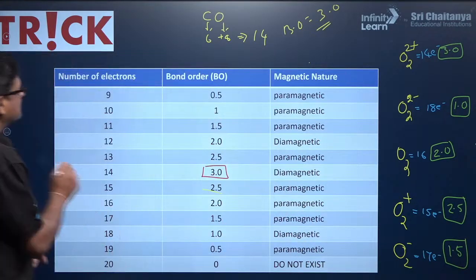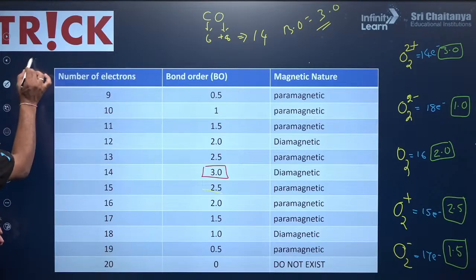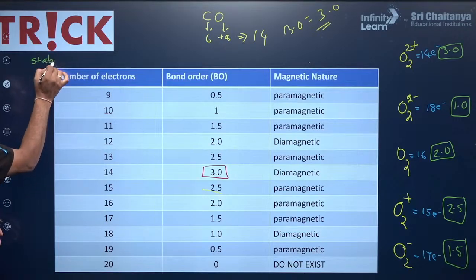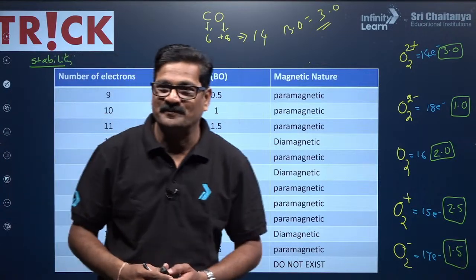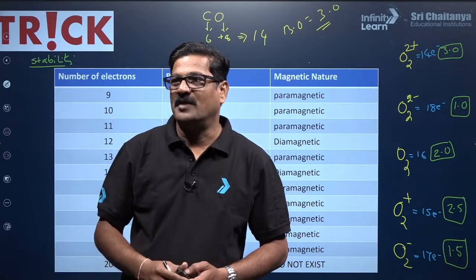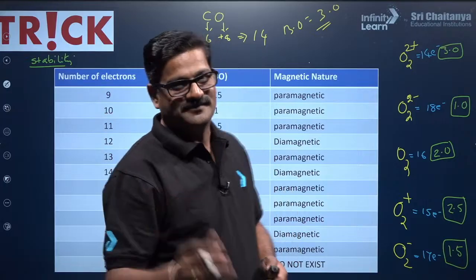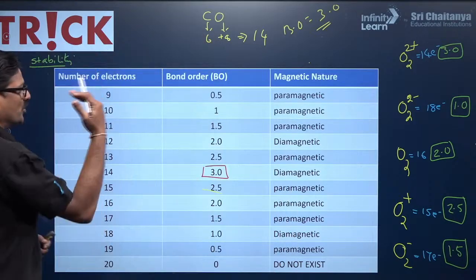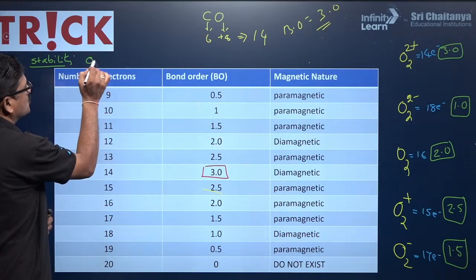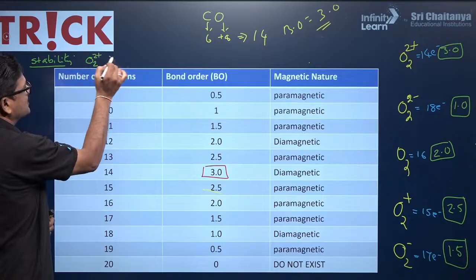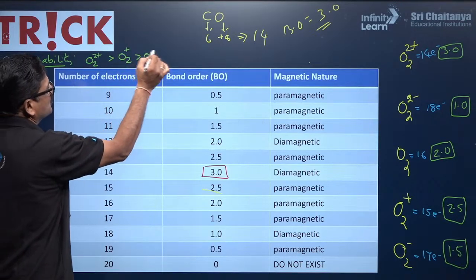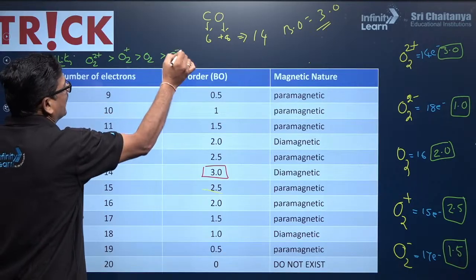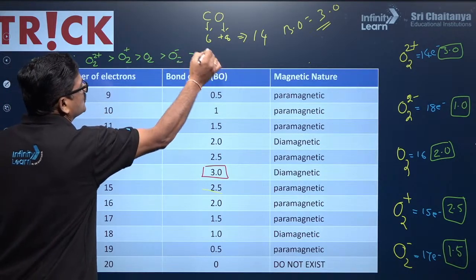Now, the order of stability. Can you say the order of stability? Order of stability is directly proportional to the bond order. Follow this. So it is going to be O2 2 plus is greater than O2 plus is greater than O2 is greater than O2 minus is greater than O2 2 minus.